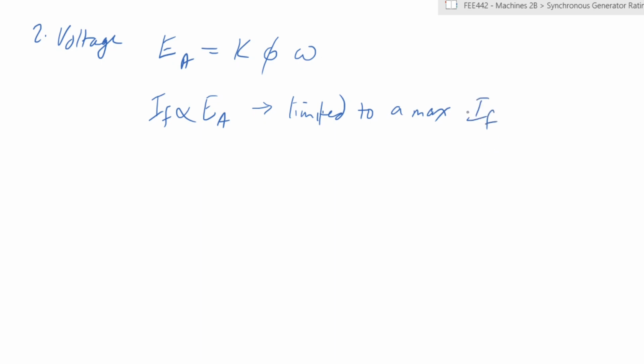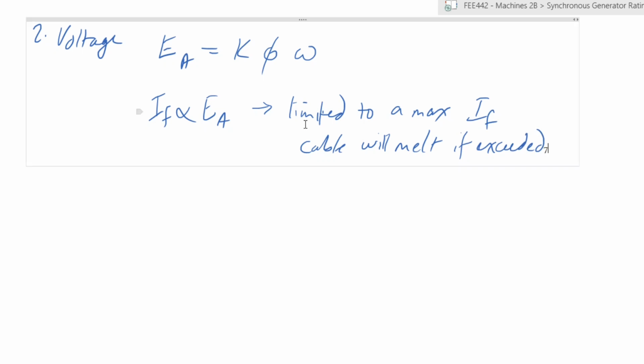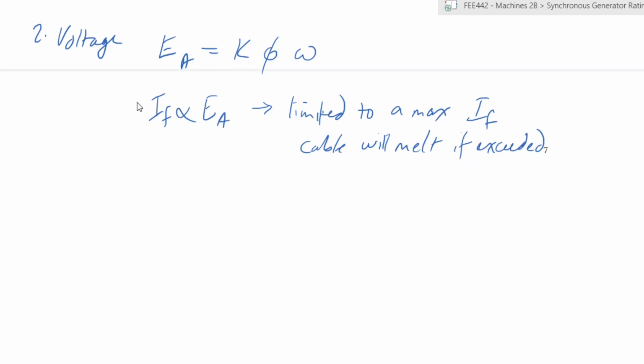The field conductors have a certain limit as to the amount of current they can carry. If the limit is exceeded, the cable in the field windings will melt. So one of the key elements is field current.